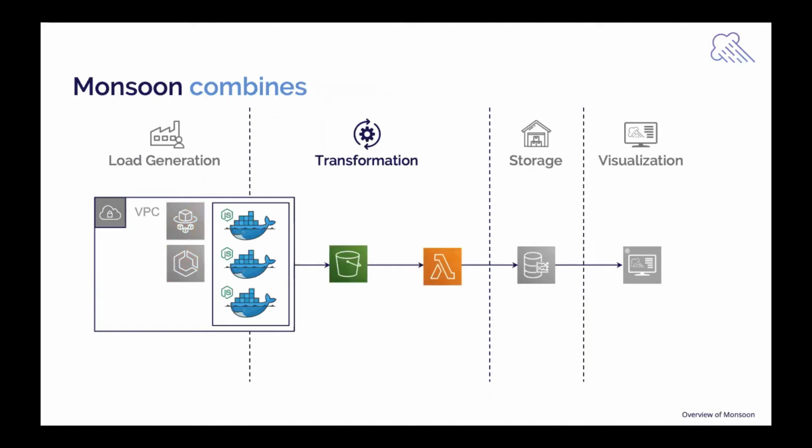Once we have our first route test results ready, Monsoon performs a pre-processing step inside the compute instances. This readies the results to enter Monsoon's data pipeline, beginning the transformation step we see here. In this step, the test results for all virtual users are aggregated.